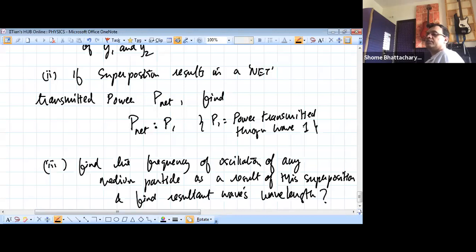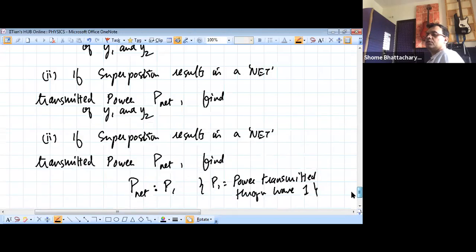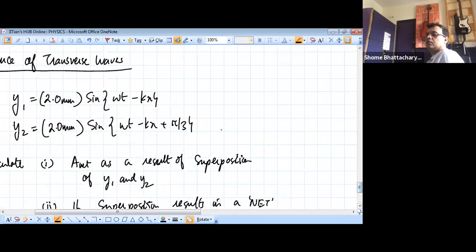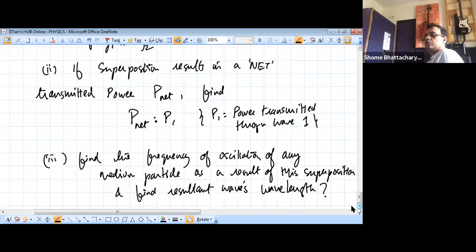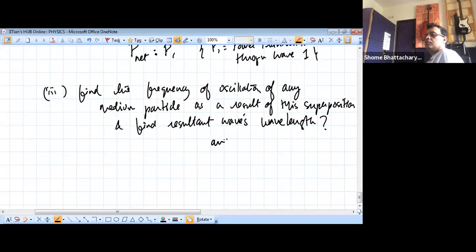What is the resultant wave's wavelength? For that, it is also given to us that omega is 200 pi radians per second and k is equal to pi by 40 radians per centimeter. We have to also find the propagation speed.